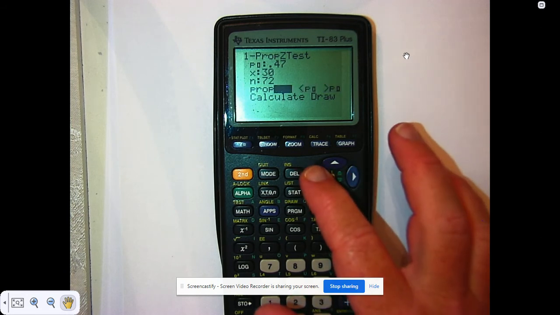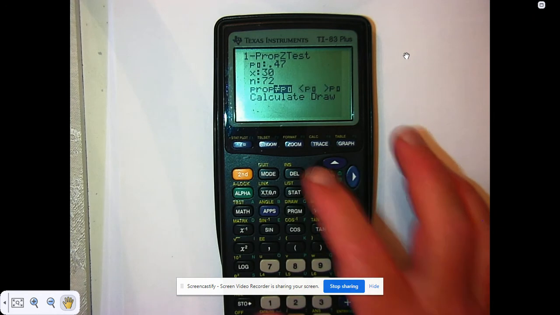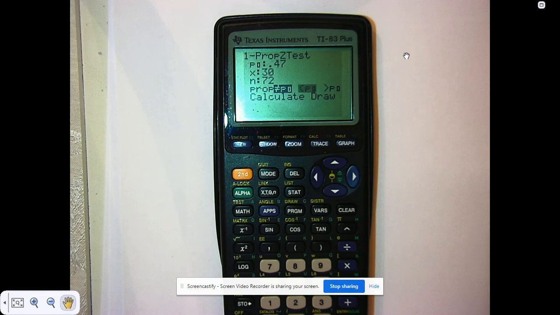So I've got a hypothesized p, p sub 0, that is either not equal to p sub 0, less than p sub 0, or greater than p sub 0. On this one, we wanted it to be less than 0.47, so that's the one I'm going to hit. Okay? And now we're going to go to calculate.